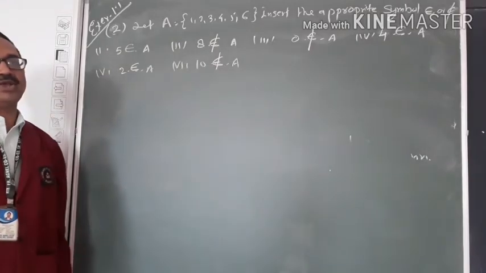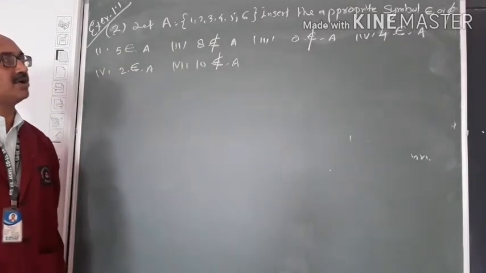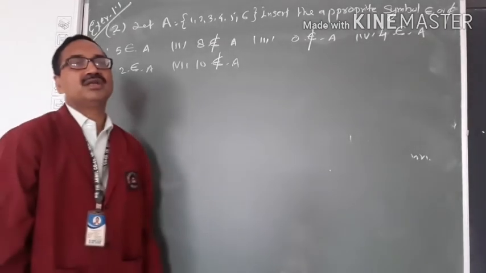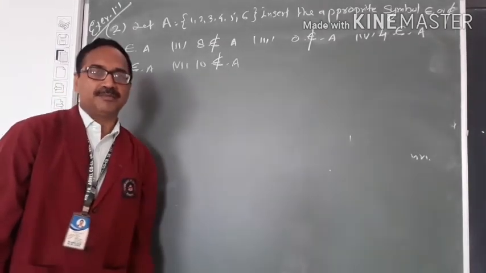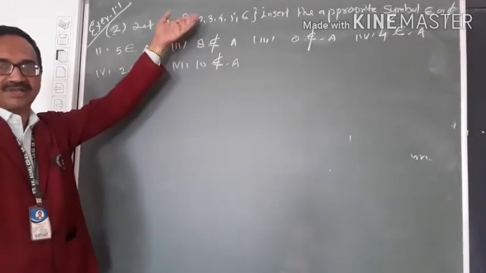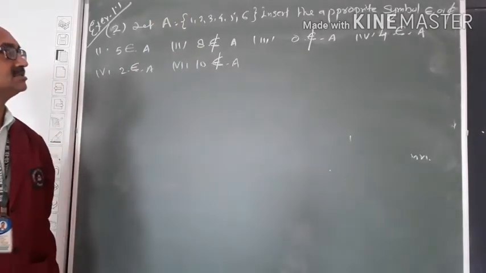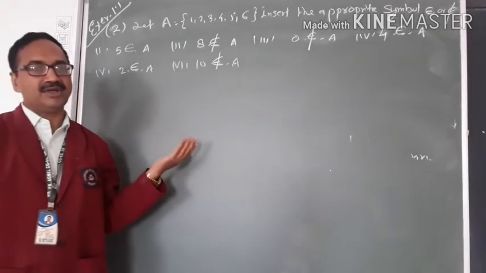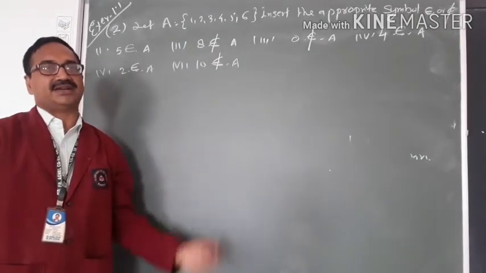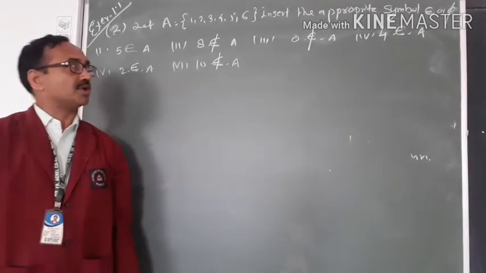In this example, you better understand the meaning of belongs or does not belong. Belongs means element of this particular set. Does not belong means not an element of this set. Okay? Jot it down.